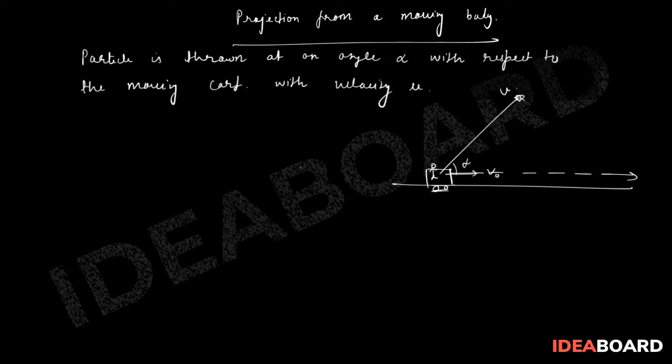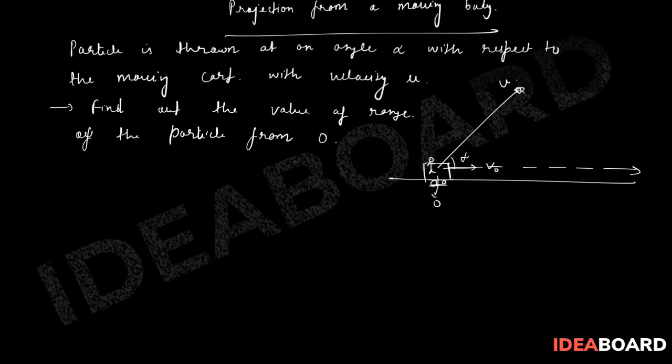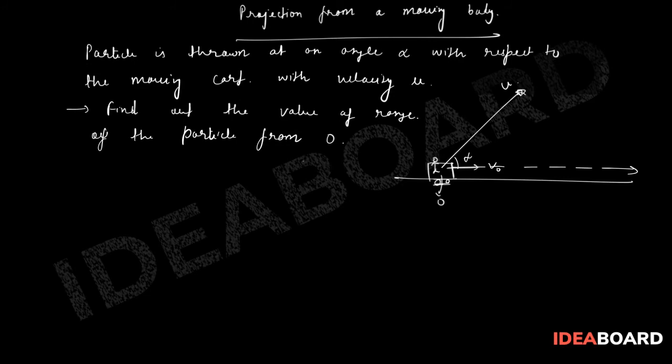Or now I can say in a simpler manner, find out the value of range of the particle from, let's say this point was O, from O was the point of projection simply, right? So now as we used to solve the previous case from the rest, similarly we will be solving.